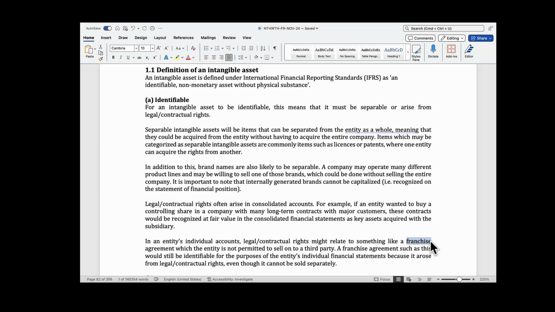I have signed a contract with KFC. Or if I want to open a filling station now, I could go and meet NNPC and say, I want to use your name. Can I use it? Okay, we'll sign an agreement. So in my books, the fact that we have signed an agreement and I can use that name is a franchise to me. It is an intangible asset because it is arising from a contract.